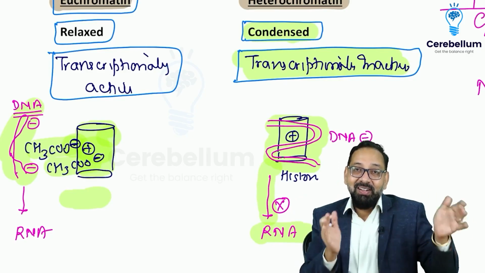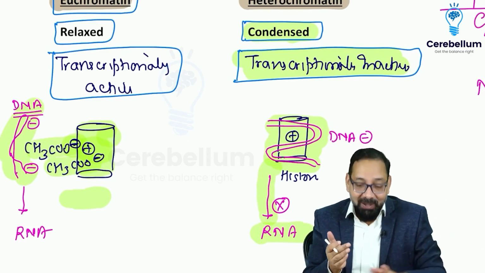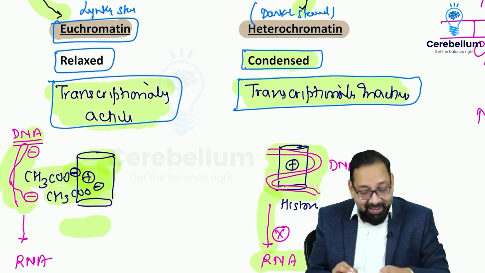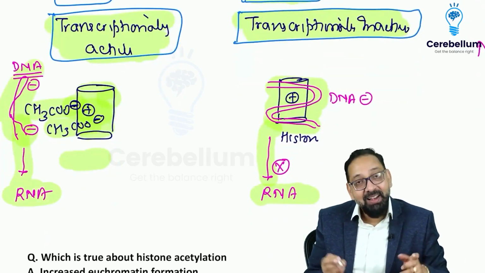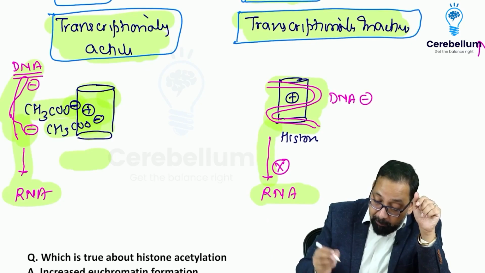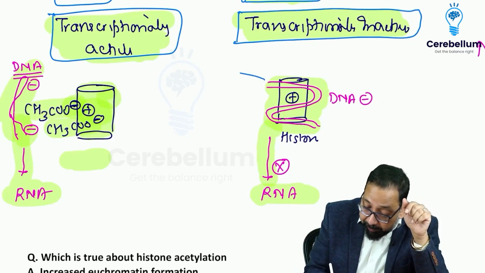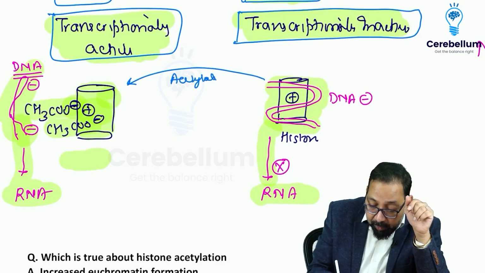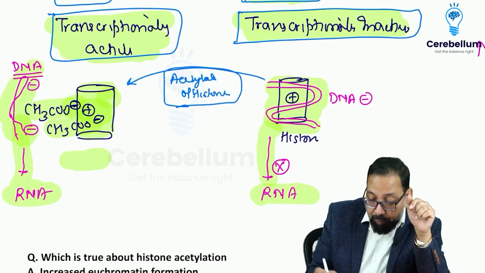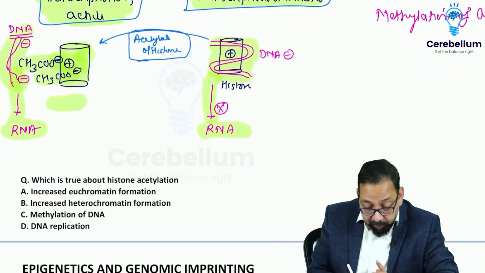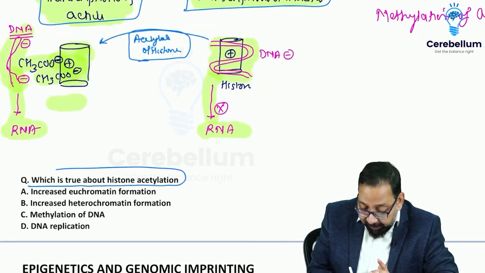And this DNA will relax. Relaxed DNA means euchromatin. Euchromatin is transcriptionally active and when it is separated, it can synthesize RNA. So we converted heterochromatin to euchromatin by acetylation of histone. If I do acetylation of histone, heterochromatin will be converted to euchromatin. This was a question: which is true about histone acetylation?